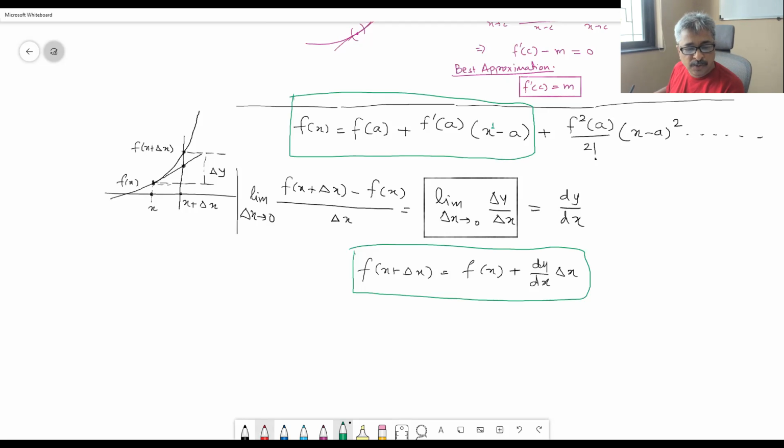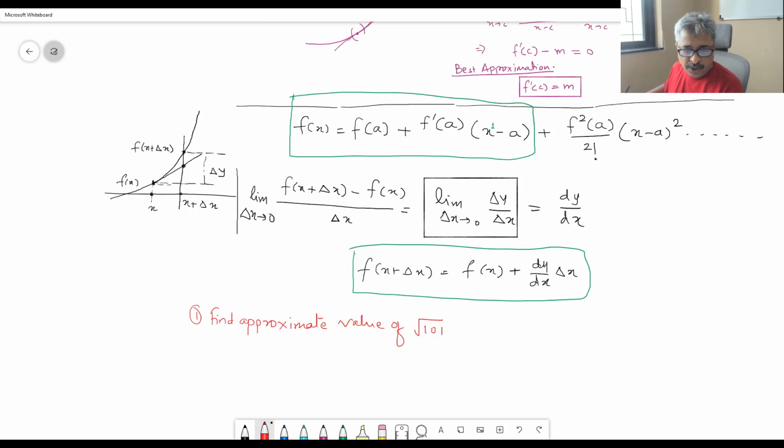Suppose I want to solve the first problem as: 1, find the approximate value of root 101. Then I will go as follows. I want to use this formula. So x plus delta x is 101 for me.